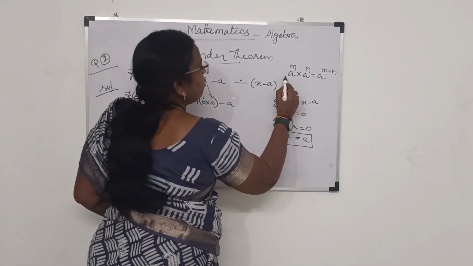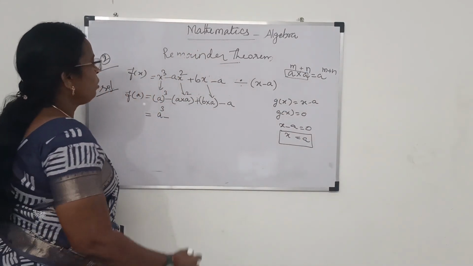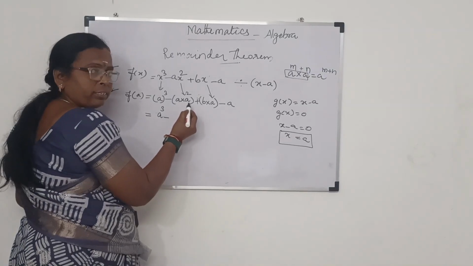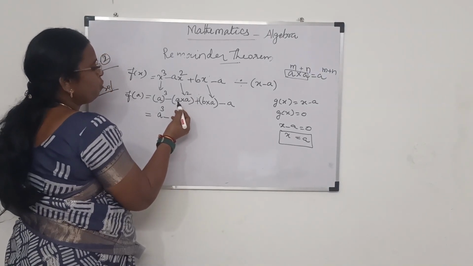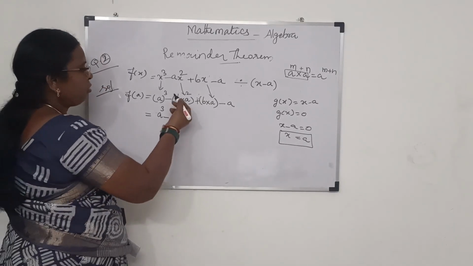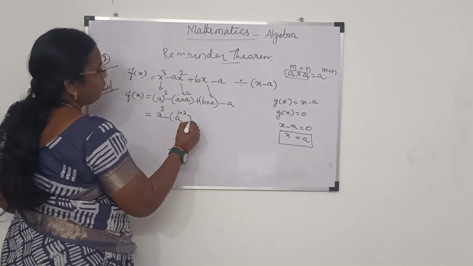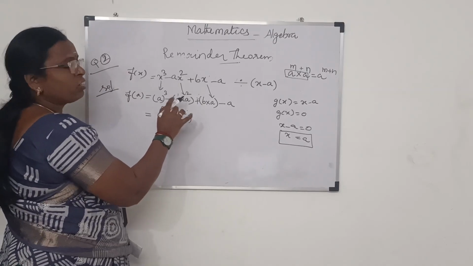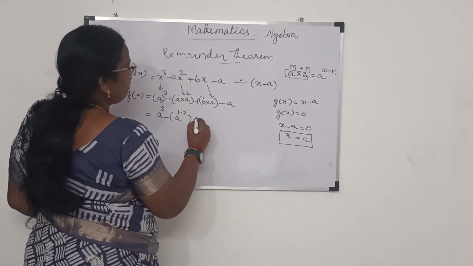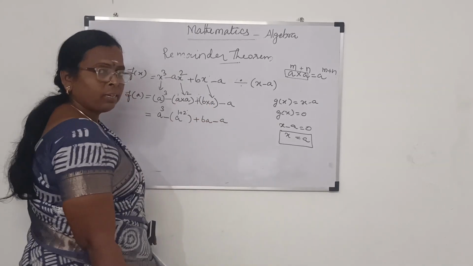So if the base is the same, we can add the powers. So here it is a, here also a. The power is 2. So what is the power of this a? It is 1. If nothing is mentioned, it means 1. So a to the power 1 plus 2. I have just added the powers. And plus 6 into a, 6a minus a.